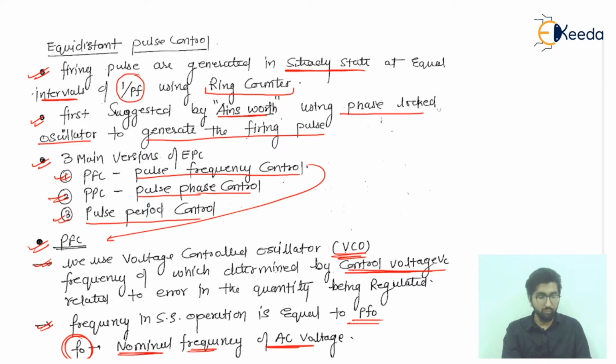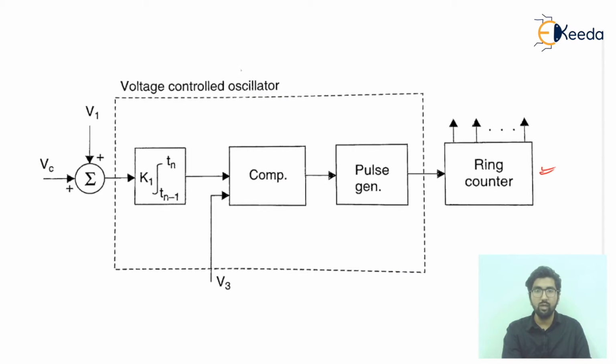Now we will move to the diagram. This is the control system of operation of the EPC scheme. Here is a summing point where VC, your control voltage, and V1 are combined, followed by the voltage controlled oscillator. The integration is for K1, from Tn minus 1 to Tn.